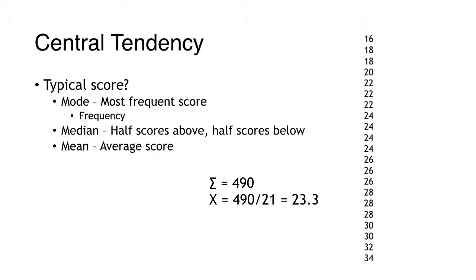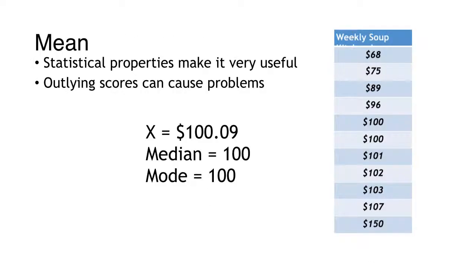Now, mean is used a lot, and it's a very, very valuable measurement for us, but it also can cause some problems. We use it for some further statistical descriptions that we do, but there can also be some problems you need to be aware of. So I'm going to pretend here that I go and visit a soup kitchen, and everybody who's at the soup kitchen, I'm going to ask them what they make each week.